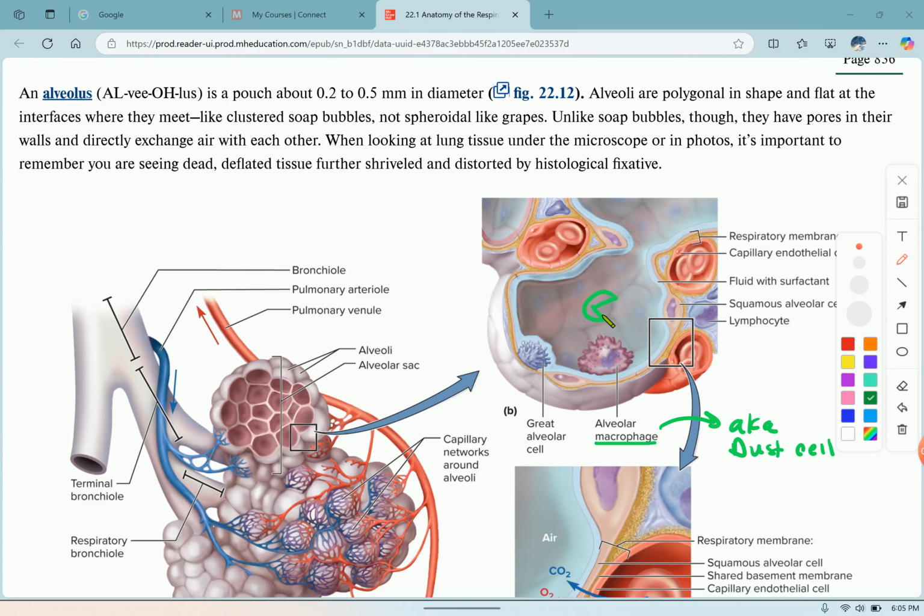Okay, also, it's important that we have a surfactant, which is a detergent fluid-like material. It's very important to have this surfactant, and it's going to help with the alveoli's surface tension.